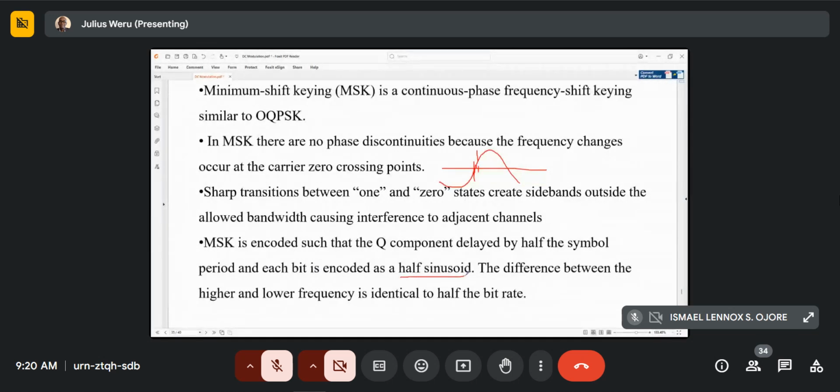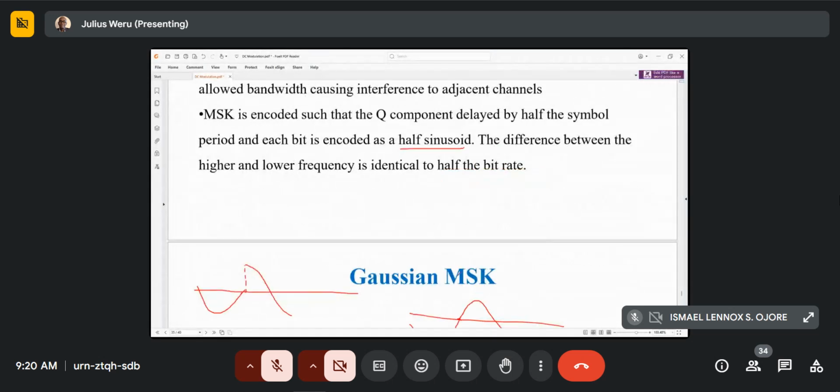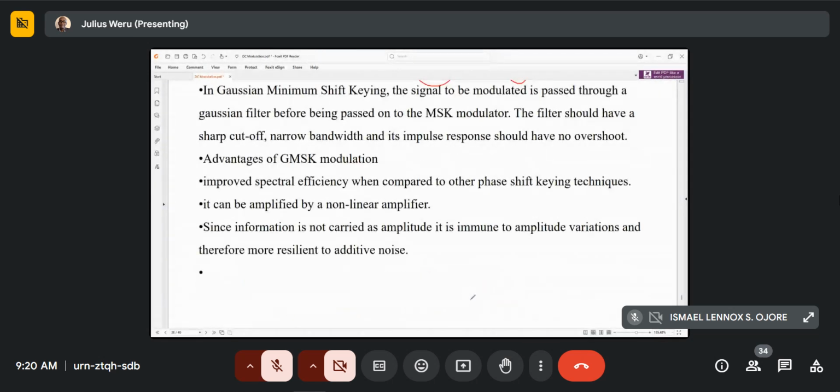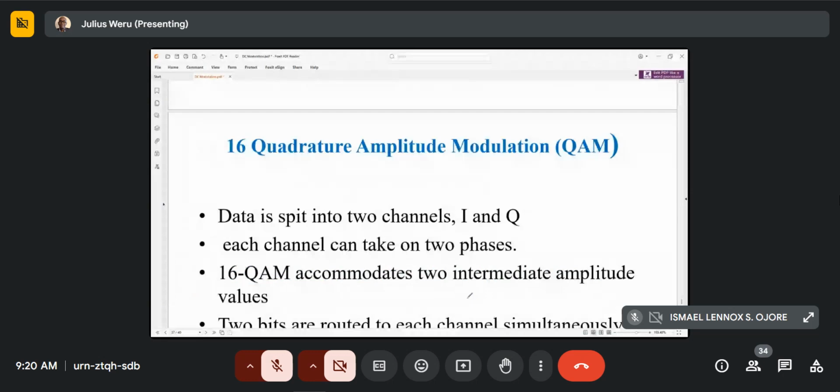Also, the difference between the high and low frequencies is identical to half the bit rate. It's quite a mouthful. Don't give it so much thought, because I know you will not be able to understand it until you have actually been taught this. I tried to make it a bit simpler.